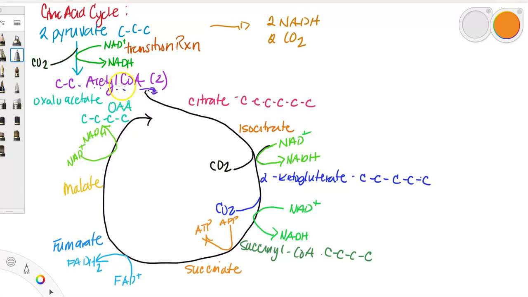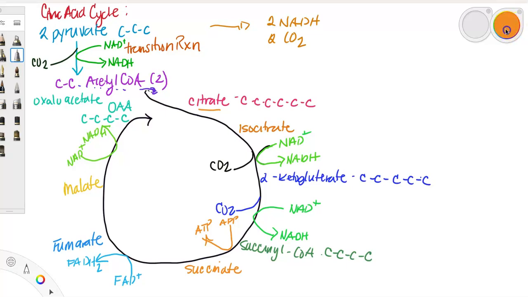It can bind to acetyl-CoA, and it becomes citrate. So those three you need to know. I don't care if you know isocitrate, alpha-ketoglutarate. You'll see alpha-ketoglutarate again shortly, but I don't care if you know all these other ones here. But you definitely need to know those three, and you need to know what we get.